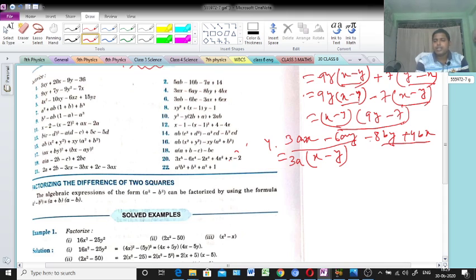Next see, here minus 8by plus 4bx. What will be the common? Minus common, and 4 is common, no? Yes, 4 is common, and b is also a common portion, that also we will take. So minus 4b is the common.